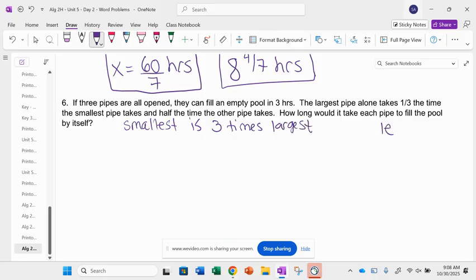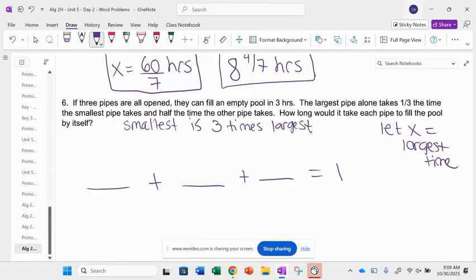So in that scenario, I'll let X equal what? Ariana? The largest. So we have how many pipes? 3 equals our total job.